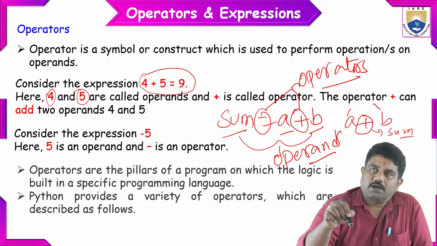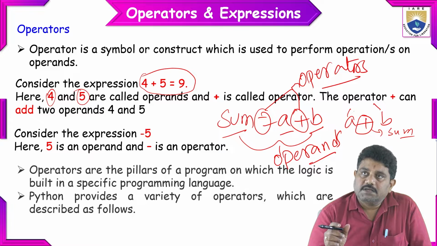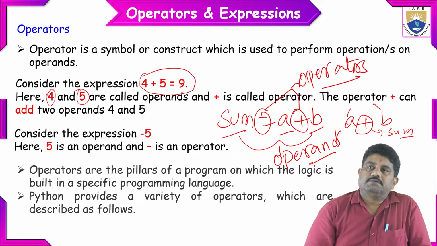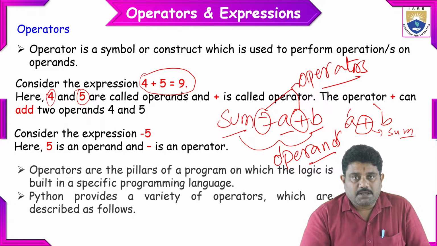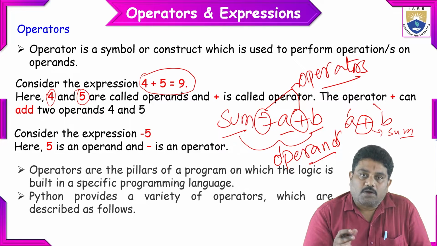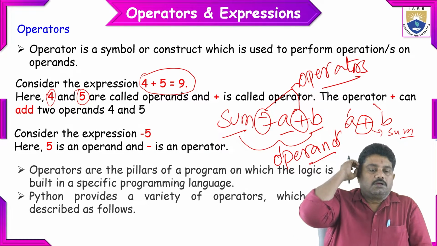Here a and b are the operands. So the symbol plus represents that an addition operation is going to be performed on operands a and b. That is the meaning of an operator: a symbol or a construct which is used to represent an operation on operands.